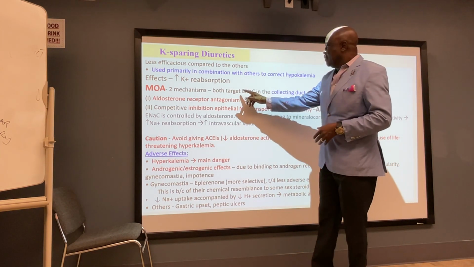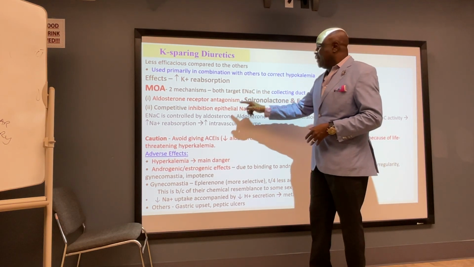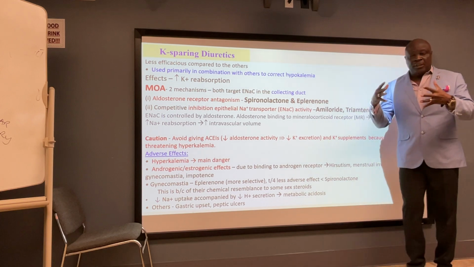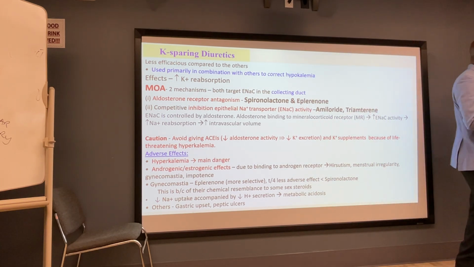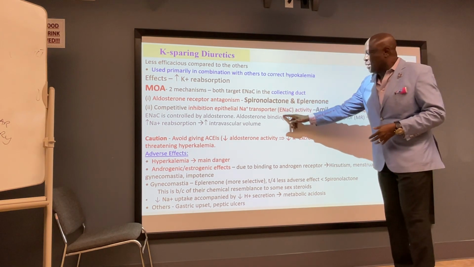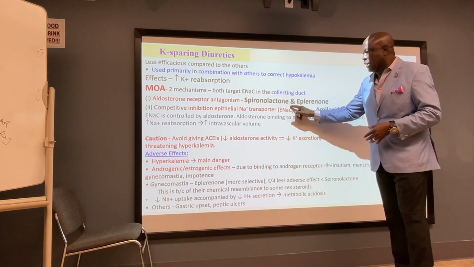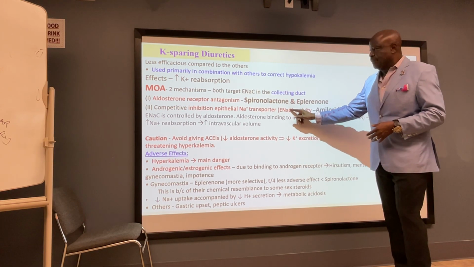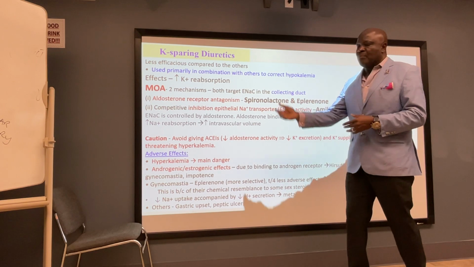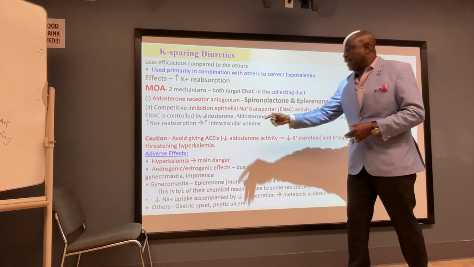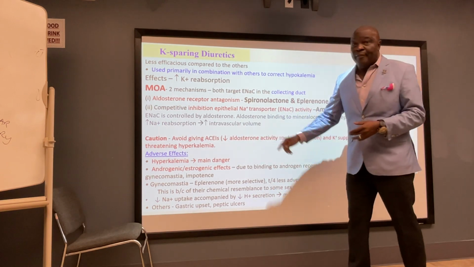How does aldosterone come in? The ENaC, the epithelial sodium channel, is controlled by aldosterone. And when the aldosterone binds to the mineralocorticoid receptor, it increases the activity of this transporter. By increasing the activity of this transporter, there will be more sodium that is reabsorbed, and therefore that leads to increased intravascular volume.